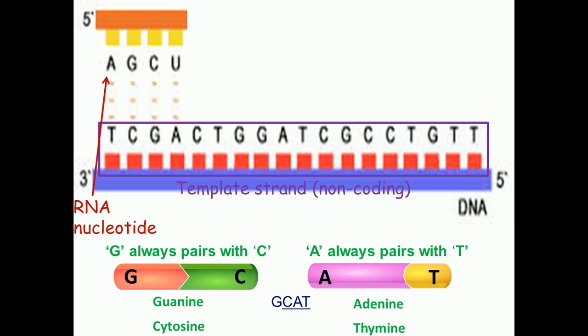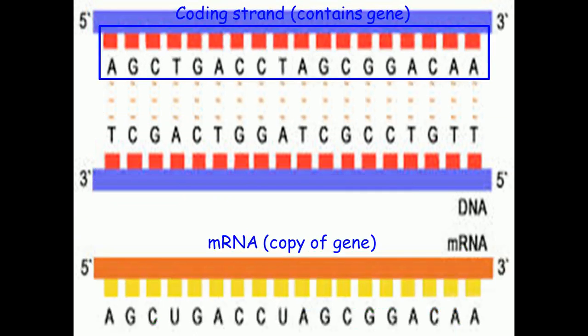However, instead of a thymine RNA nucleotide being added, there is no thymine in RNA, instead it is replaced by uracil. Then RNA nucleotides are continuously added one by one and joined together, and this makes the mRNA, which is the copy of the gene.